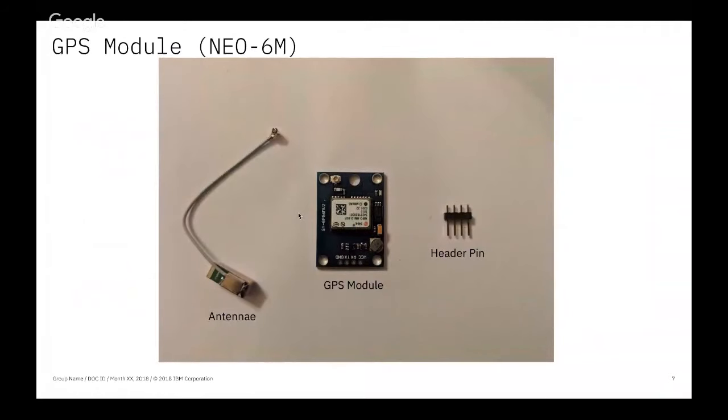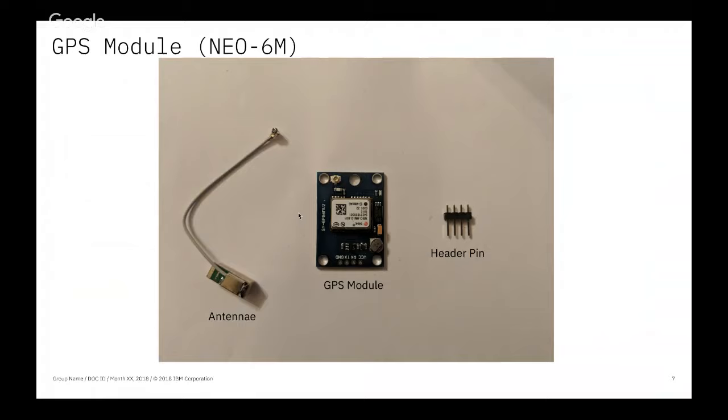We can add components onto the end node, of course. In this case, since we're focusing on asset tracking, I opted to add a GPS module. This is a GPS module that's generally used for drones. It's a Neo 6M, and I just had to do a bit of light soldering.